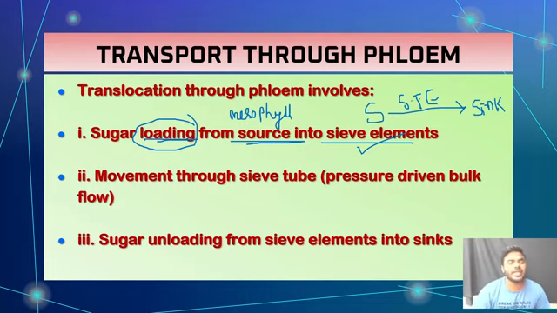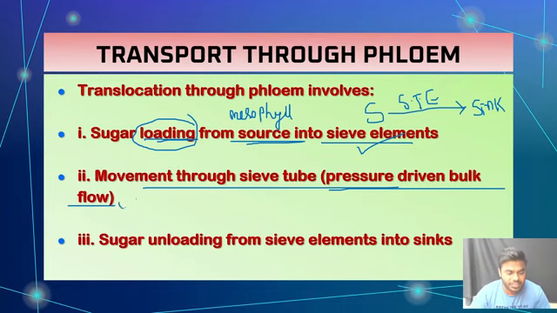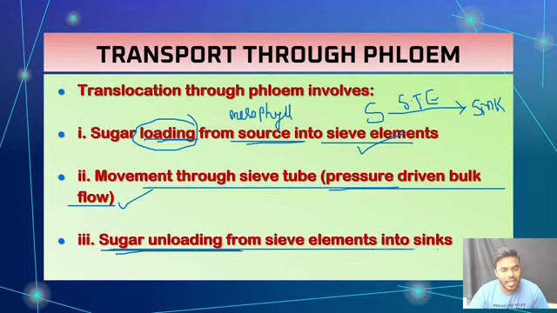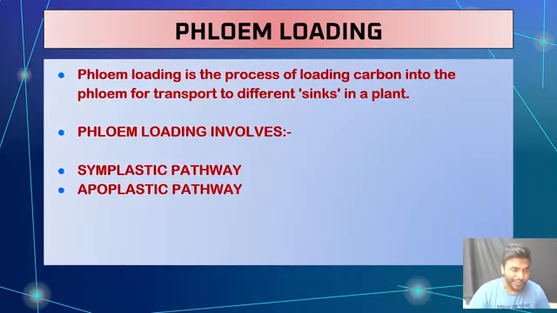That movement is explained by a mechanism called the Munch hypothesis, based on the name of the discoverer. We can also call it bulk flow, or pressure driven bulk flow. I'll explain briefly. Finally, once the sugars reach the sink, what happens, friends? Undoubtedly, sugars get unloaded. Simple, right? Sugars are unloaded from sieve elements into the sink. Such a simple point, friends.